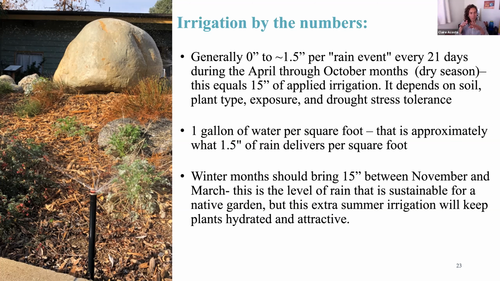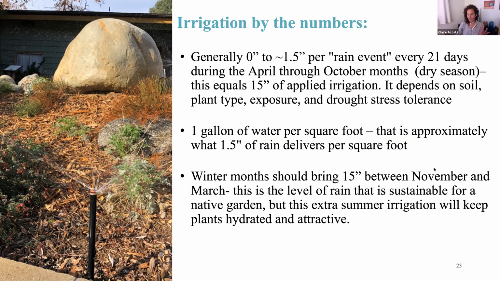You're trying to reach multiple square feet. So it's not about putting 1 gallon on my plant because that's 1.5 inches and I'm done. That's just per square foot. If my plant actually takes up 4 square feet, then I would have to put at least 4 gallons on to reach that 1.5 inches.